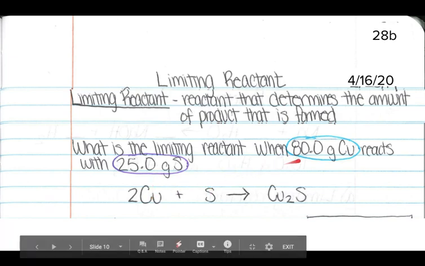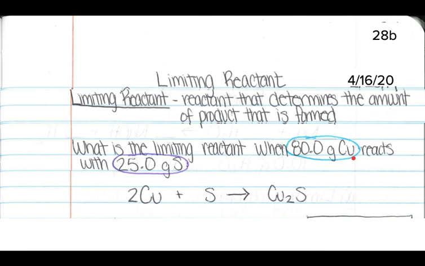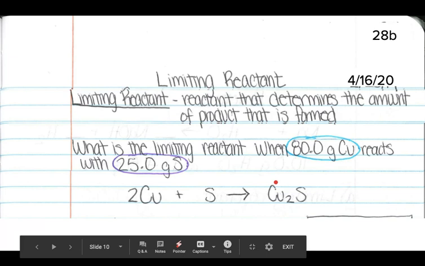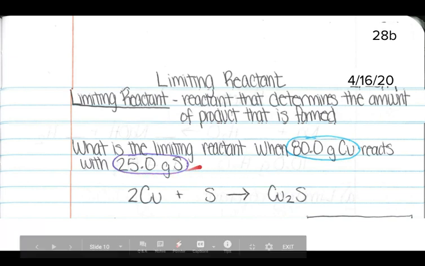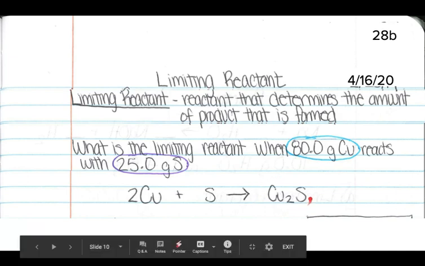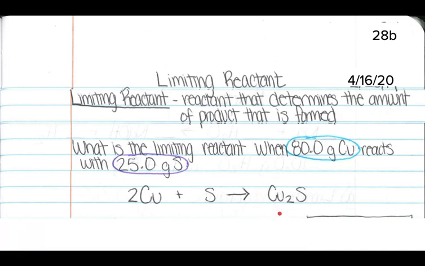Essentially, I'm going to take the 80 grams of copper and determine how many grams of my product it would create. Then I'm going to take 25 grams of sulfur and determine the same thing. And just like with peanut butter and jelly, where we asked what's going to run out first, we said this one would make 4 sandwiches, this one would make 3 sandwiches, and this one would make only 1 sandwich.